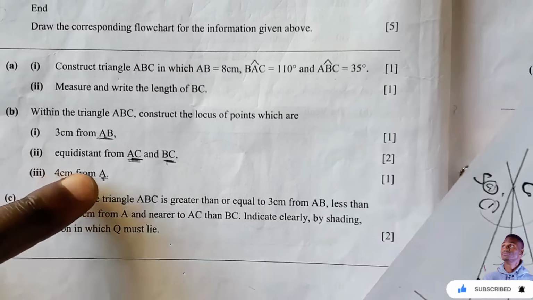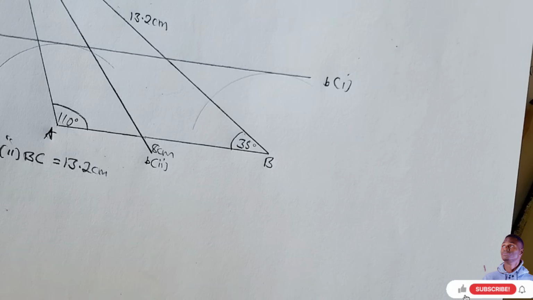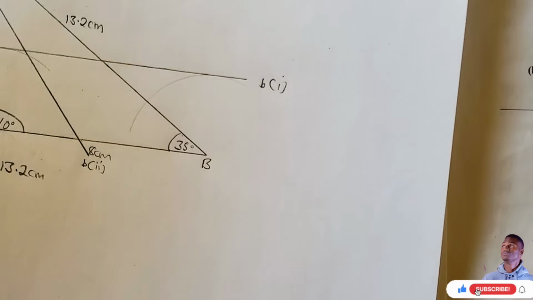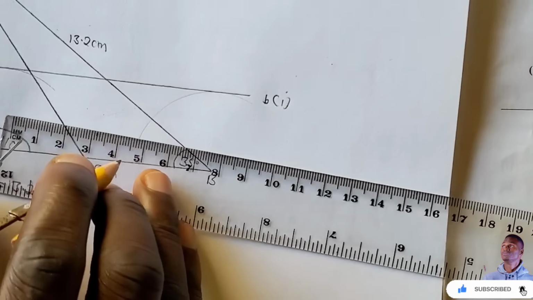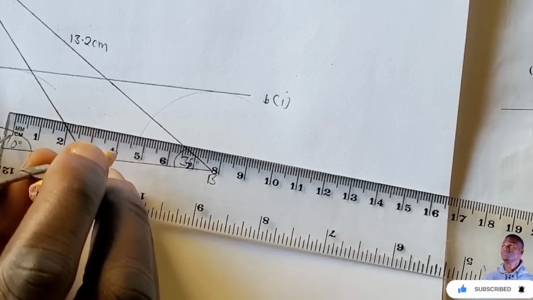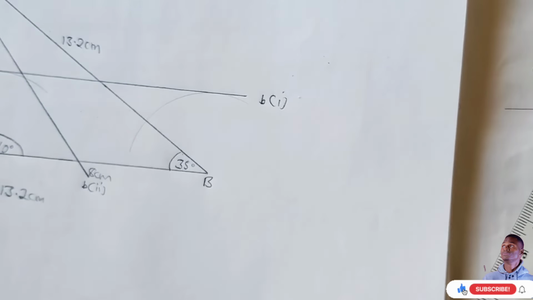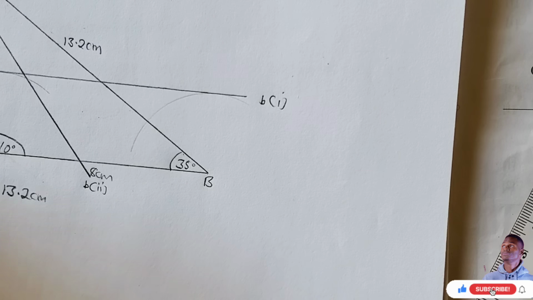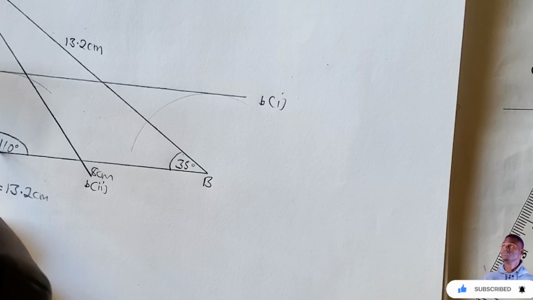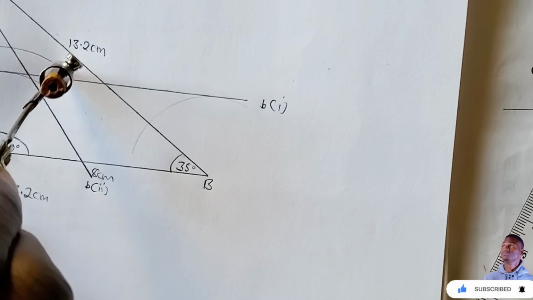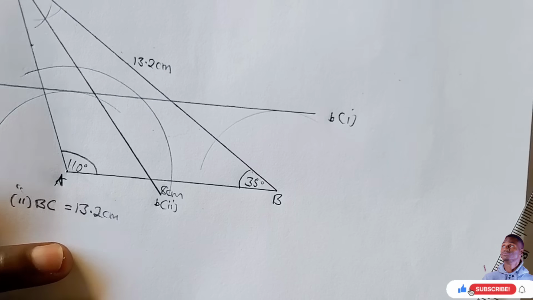4 centimeters from a single point. What you do is measure. You're still going to measure 4 centimeters. Then this is a single point, so you go to that point, which is A. You put the compass at A, then strike an arc inside here, like this.